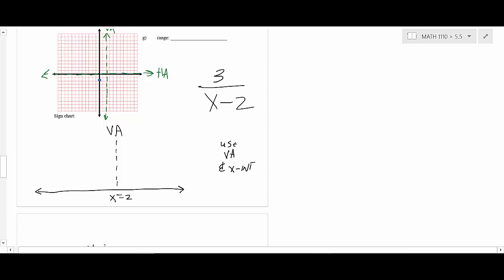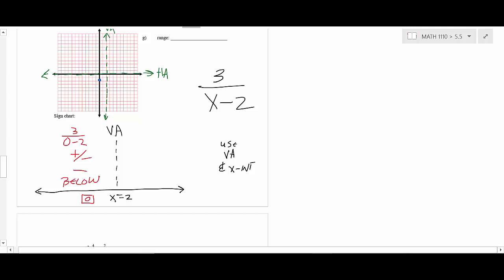So let's take a test point below 2. Let's take 0. We would have 3 over 0 minus 2. You have a positive numerator, a negative denominator. Positive divided by negative is negative. Like we've been talking about, that means you're going to be below the x-axis.